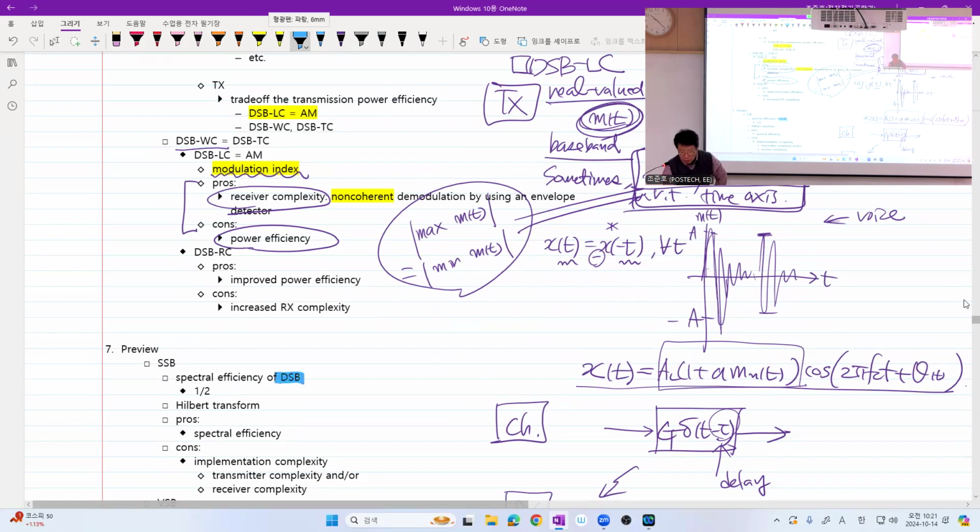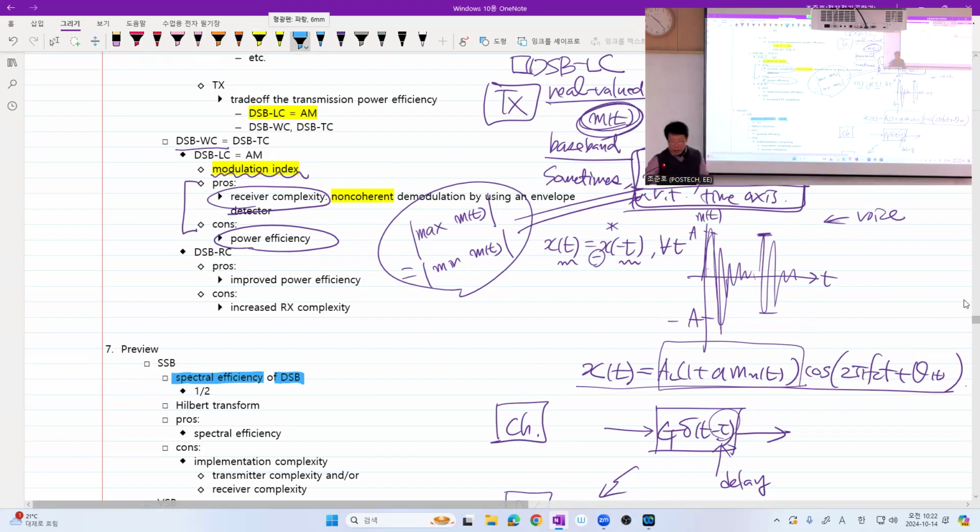DSB was not efficient in the frequency domain. In other words, spectral, which means frequency. So this spectral efficiency means that the frequency utilization efficiency of DSB was bad. We could reduce it into half if we could build a very, very sharp filter that filters out, for example, the upper sideband part.